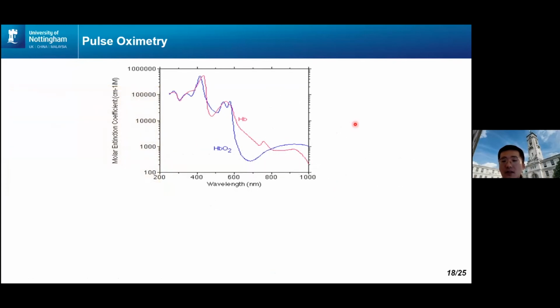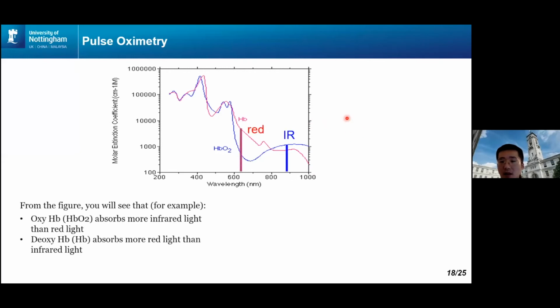Therefore, in this absorption spectrum, you will see, for example, in the red and infrared light range, the oxyhemoglobin absorbs more infrared light than red light, while the deoxyhemoglobin absorbs more red light than infrared light.